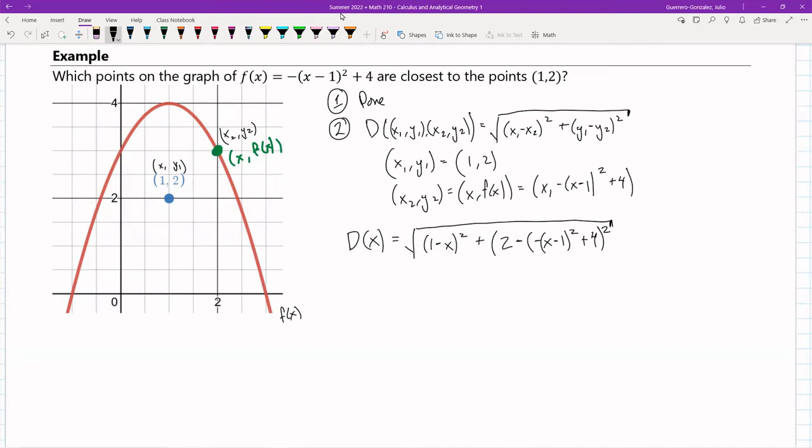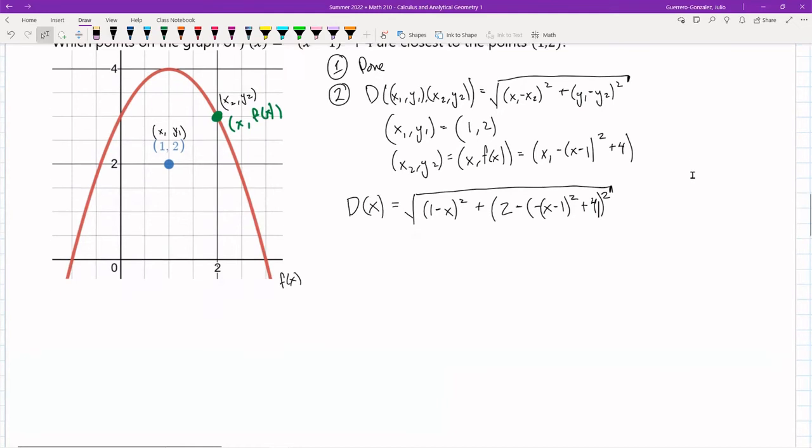We need to take the derivative of this, and we are looking for the closest point. That means we need to find the minimum here. Maximums or minimums are done by finding the critical values. So that's all we need to do. We're looking for critical values now.